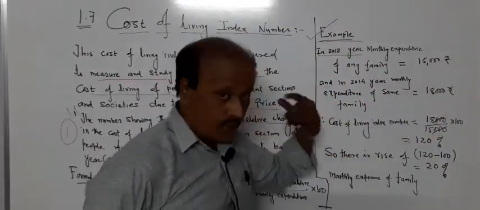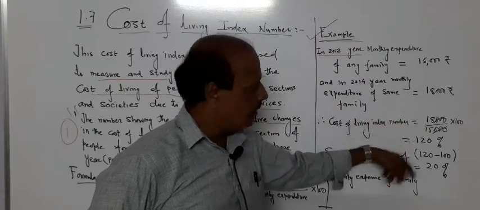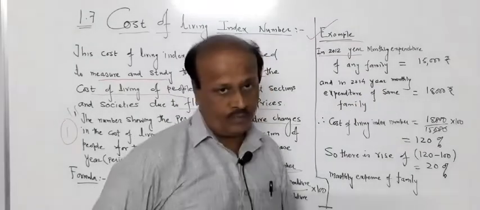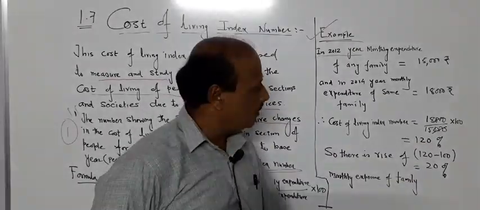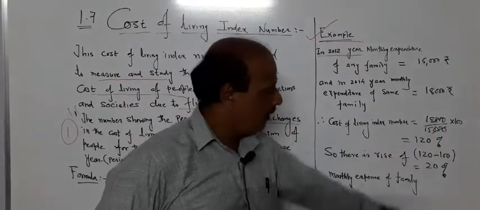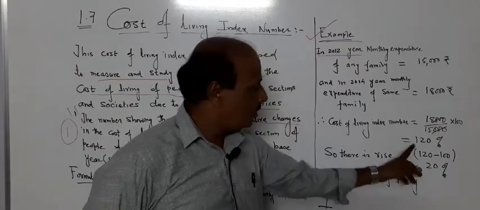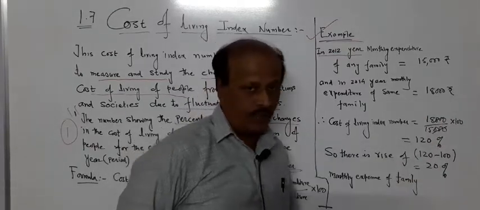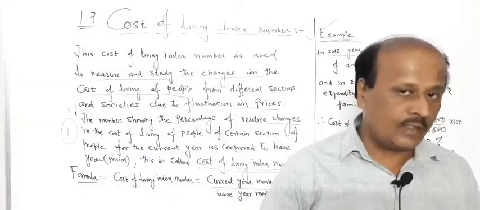Then for the same family in 2014, the monthly expenditure is 18,000 rupees. Now if you want to calculate the cost of living index number, divide 18,000 by 15,000 and don't forget to multiply by 100 because it's a percentage change. So you'll get 120%.